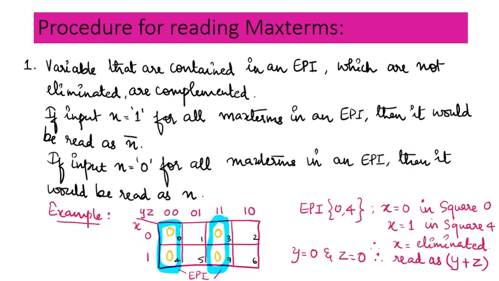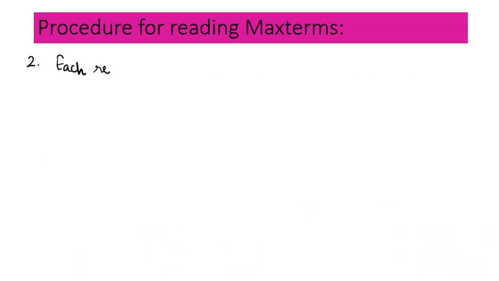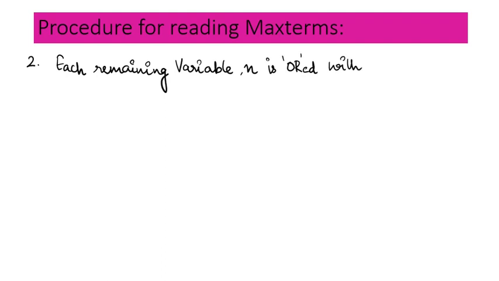From this, what I want to explain is that whenever it is a logic 0, it will be represented as an uncomplemented variable, whereas if it is a logic 1, it will be represented as a complemented variable.